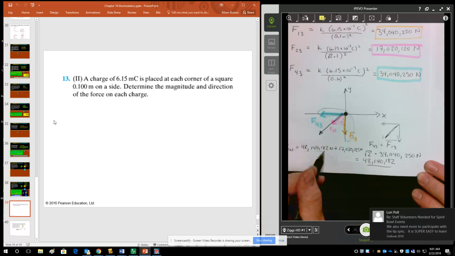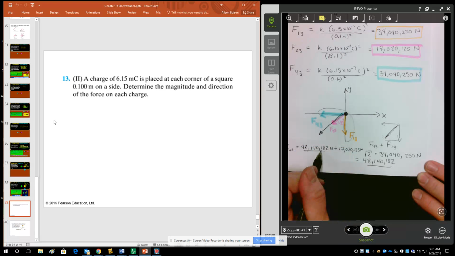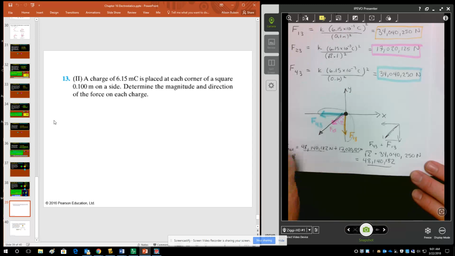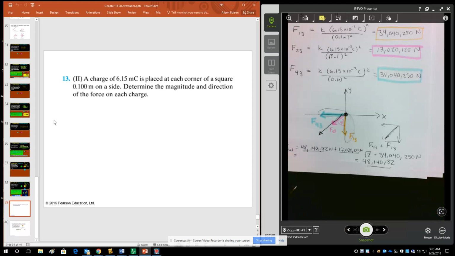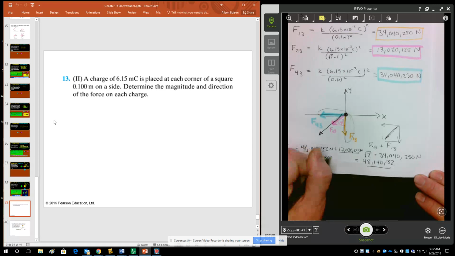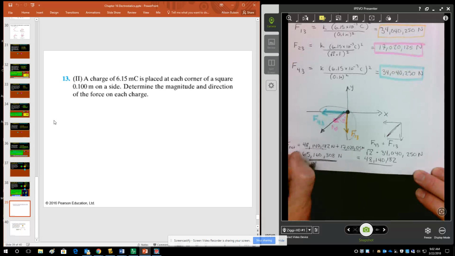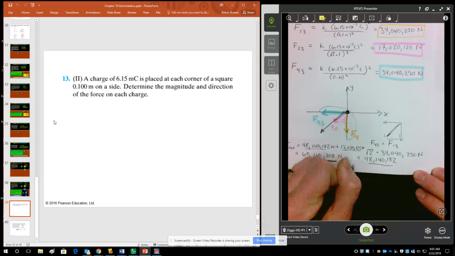The combo of F43 and 13, 45 degrees below the x-axis, plus F23, also 45 degrees below the x-axis, gives 65,160,308 newtons at 45 degrees below the negative x-axis.